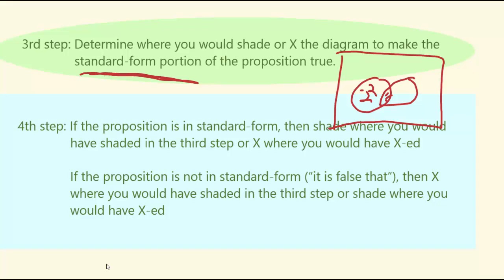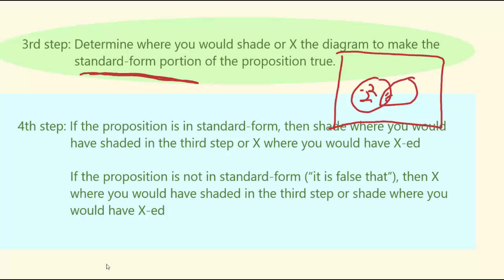Then once you've figured that out, if it is in standard form, that is, it does not have "it is false that" in front of it, then you just do what you determined in the third step. You either put an X there or you shade it out. So we had to shade out area 3.